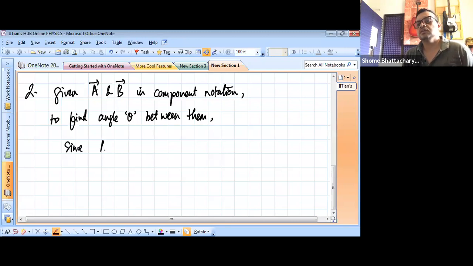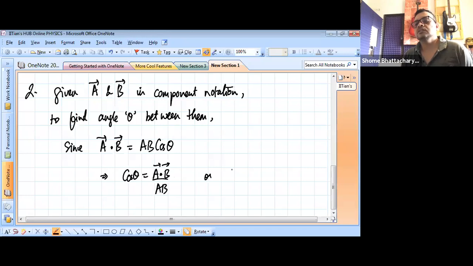Since A dot B is equal to AB cos theta by definition, therefore cos theta becomes A dot B divided by the product of the magnitudes, or we can say that theta is cos inverse of the dot product divided by the product of the magnitudes.